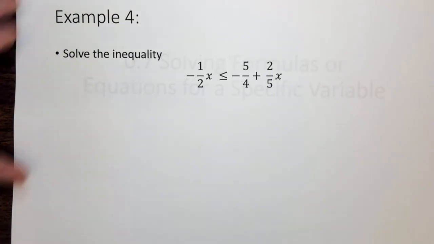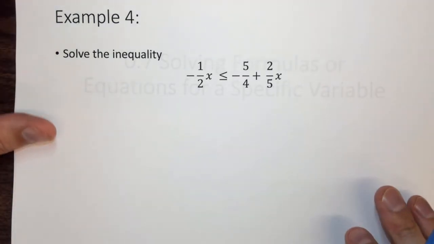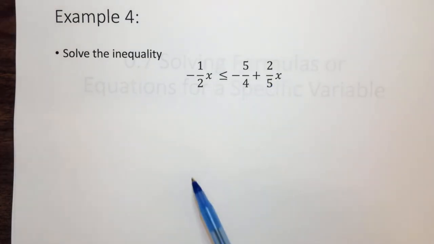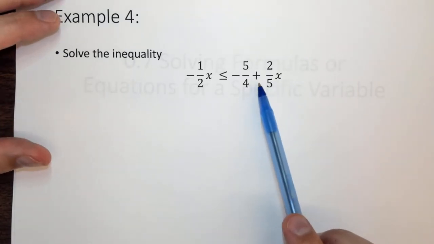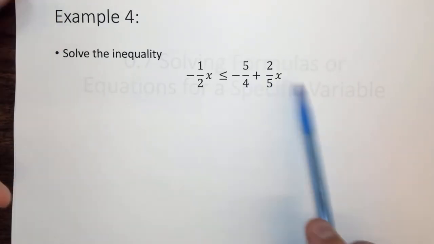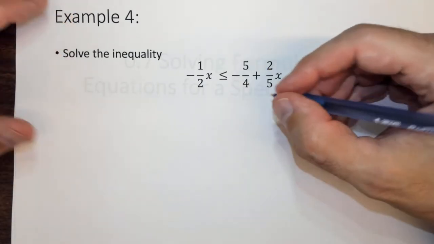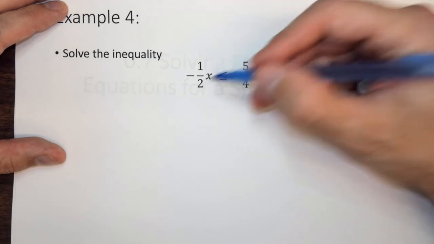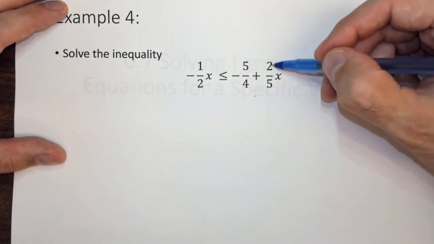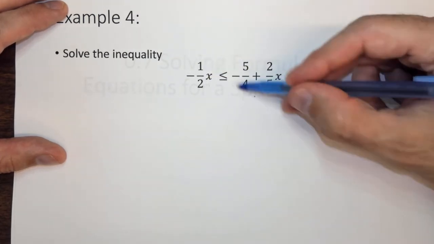Here's another example where we have fractions. So we have an inequality and we have fractions. In order to do this, we need to do the same job as before. We need to basically simplify this. First we have to subtract, because there's a negative half x on this side and a positive 2/5 x on this side, and then this is just a number.